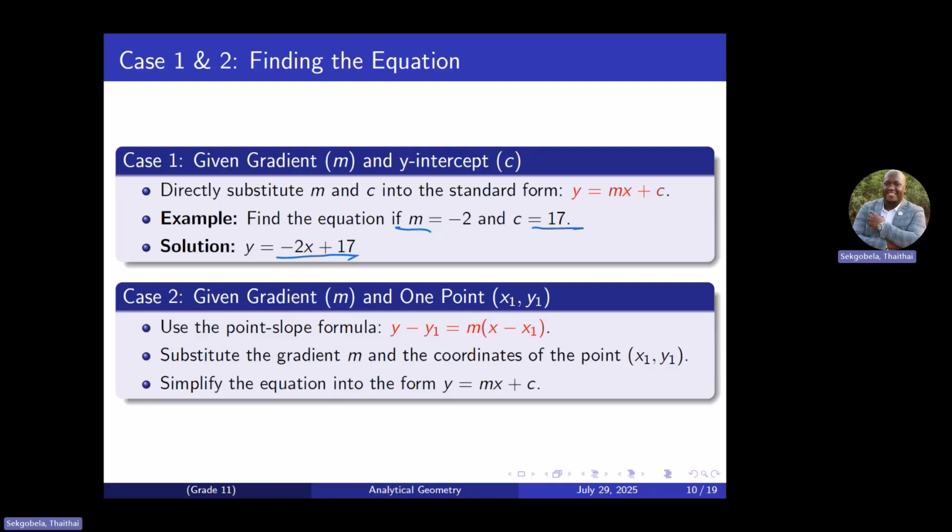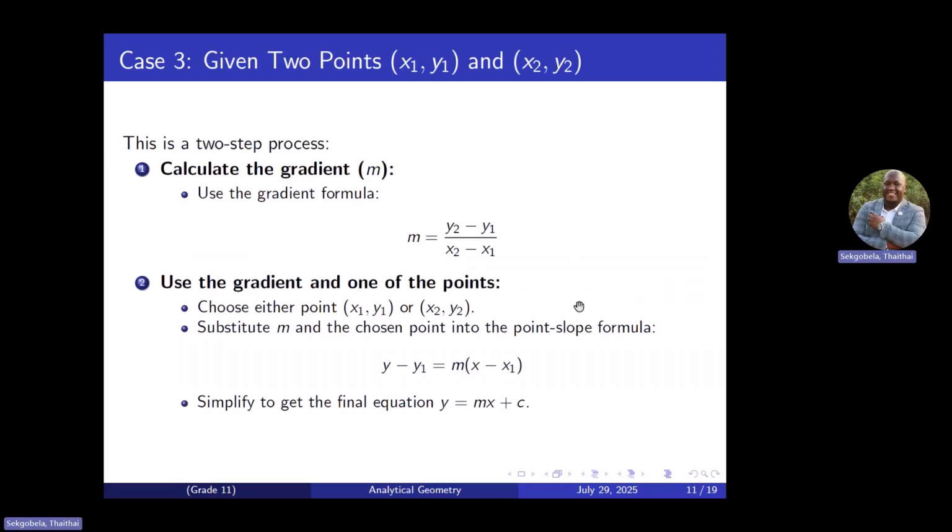Now, if you are given a gradient and 1 point, you are going to use this formula, which is the slope formula. Substitute the gradient m and the coordinates of the point, which leads to the equation y = mx + c.